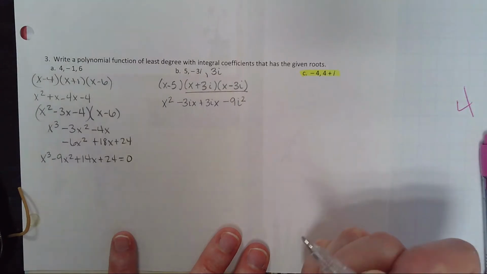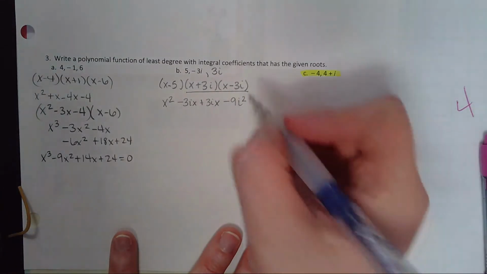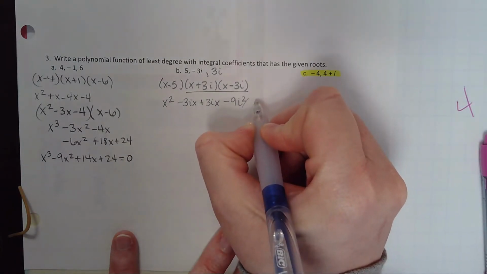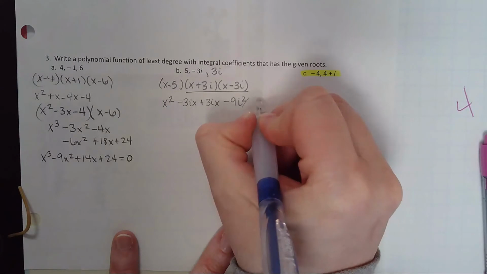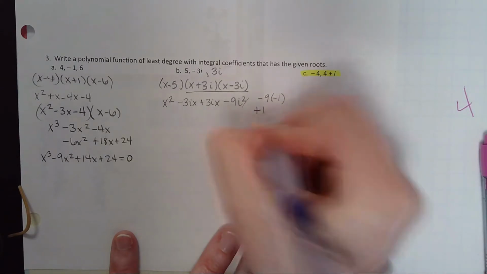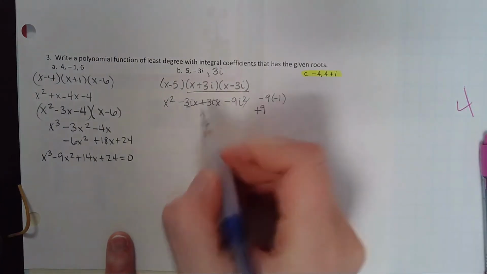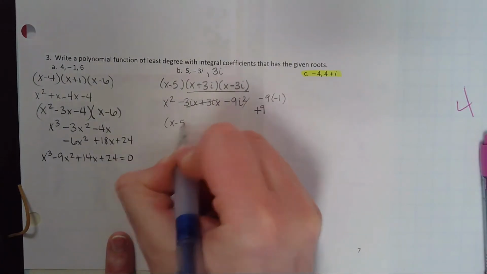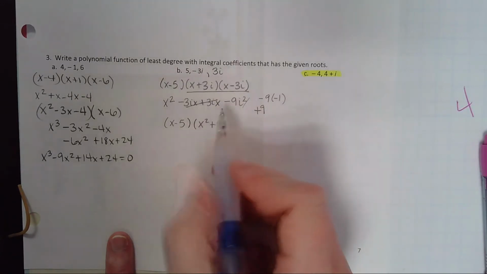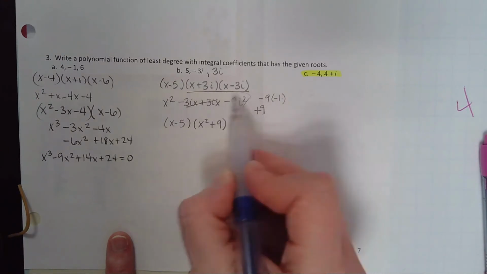Remember from quadratics, i squared is really -1, so this is -9 times -1, which is plus 9. And these middle terms cancel out, so I'm going to have x minus 5 times x squared plus 9.